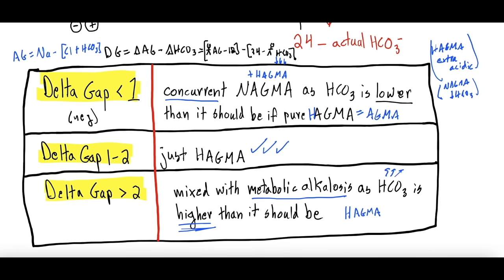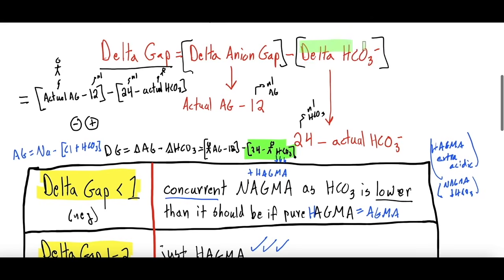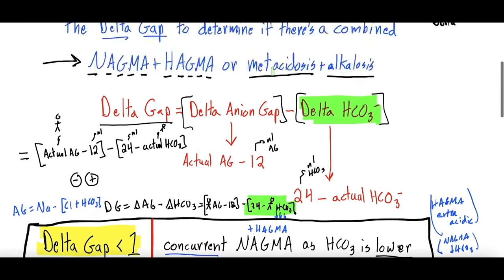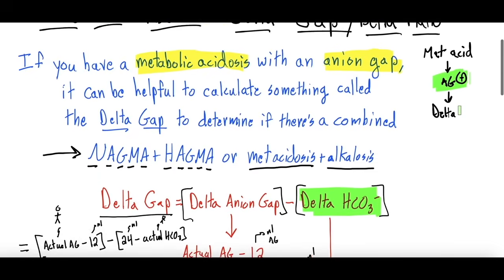So it's all about this area of the equation here, and we'll scroll up so you can see it a little better. This area here, it's all about the bicarb level, and if that bicarbonate level is appropriate for just a pure high anion gap metabolic acidosis. Because as we talked about, repetition, you only do the delta gap if you have a high anion gap metabolic acidosis. Otherwise, you do not do it.